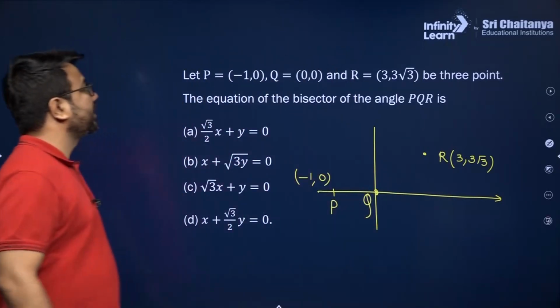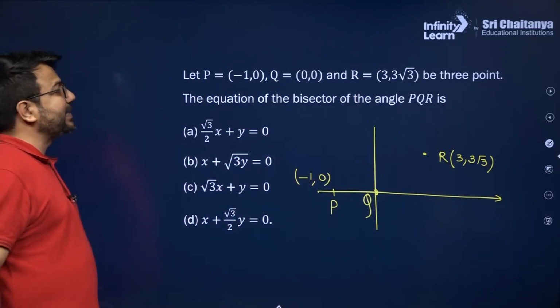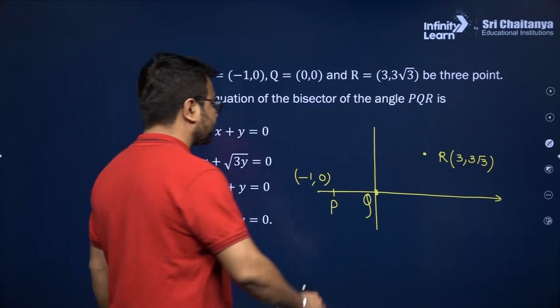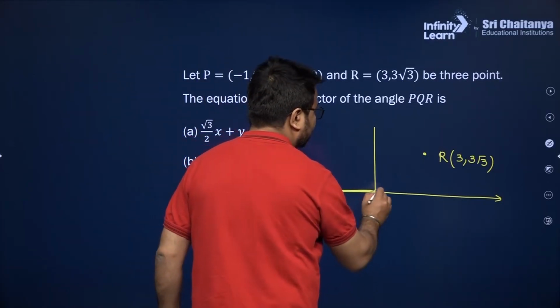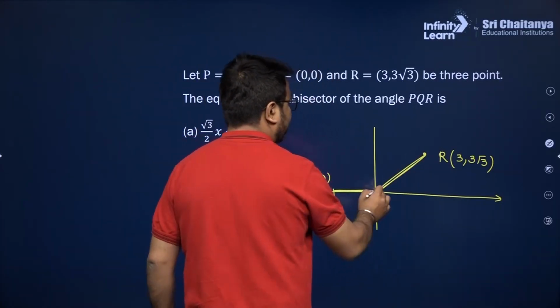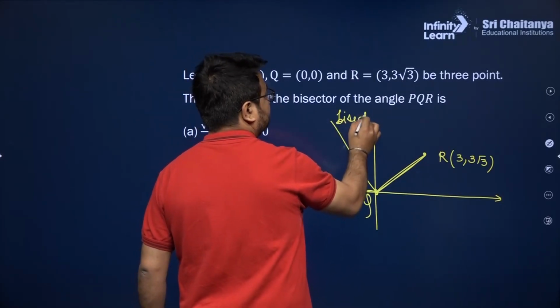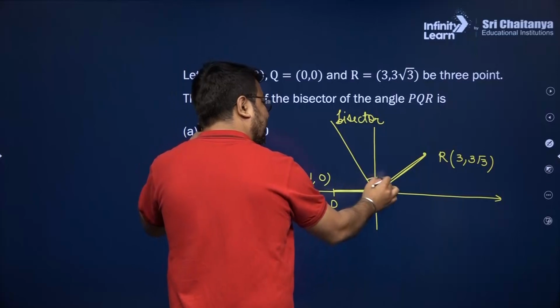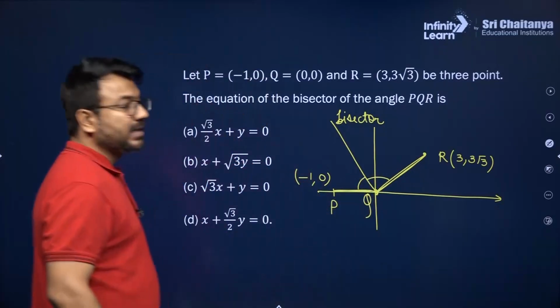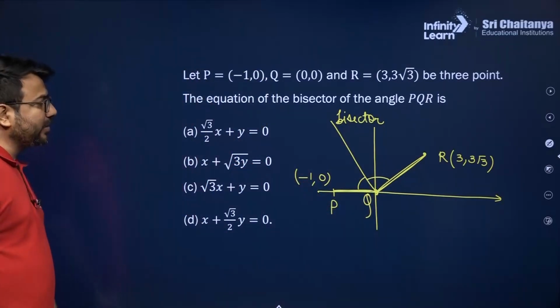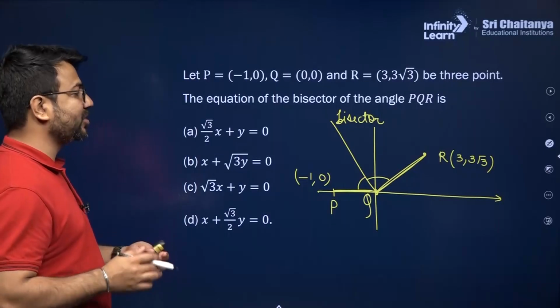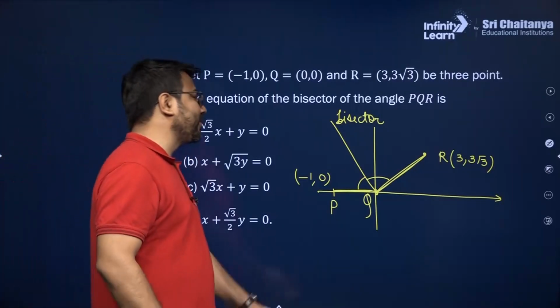I hope this is also clear to you. The equation of the bisector of the angle PQR. So this is PQR and I want to get the bisector of it, such that this angle is equal to this angle. So basically, if I want to get the equation of the bisector, I first of all want to get the angle of it.